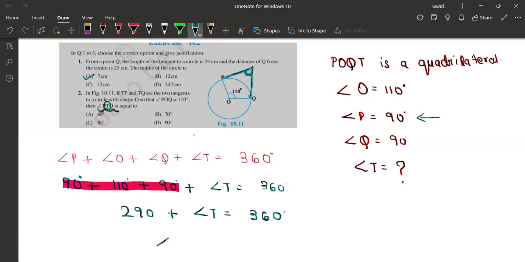So what will be the value of angle T? 360 minus, like a linear equation, Manya. Yes, tell me. 360 as it is. 290 if you shift to the other side, will it not become minus 290? Yes. So what will be the value of angle T? What is 360 minus 290? That would be 70. So what's the answer? 70. That's the answer, 70 degrees.